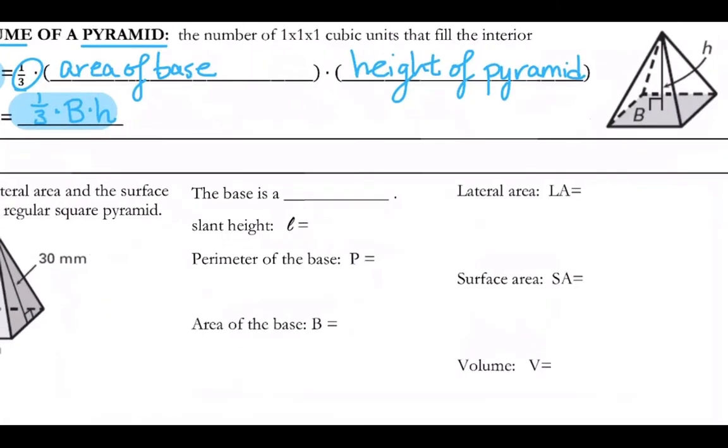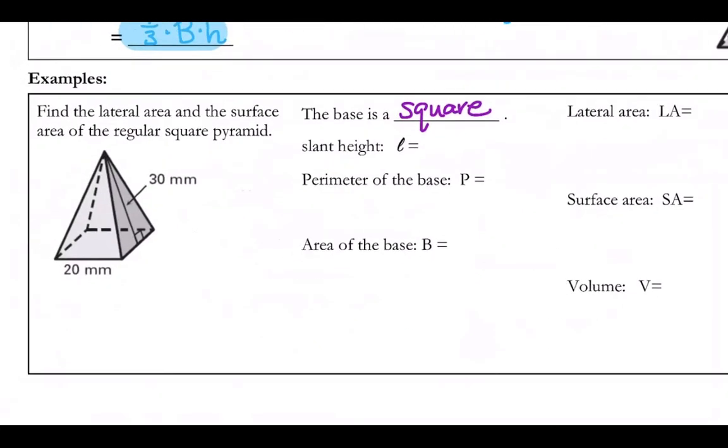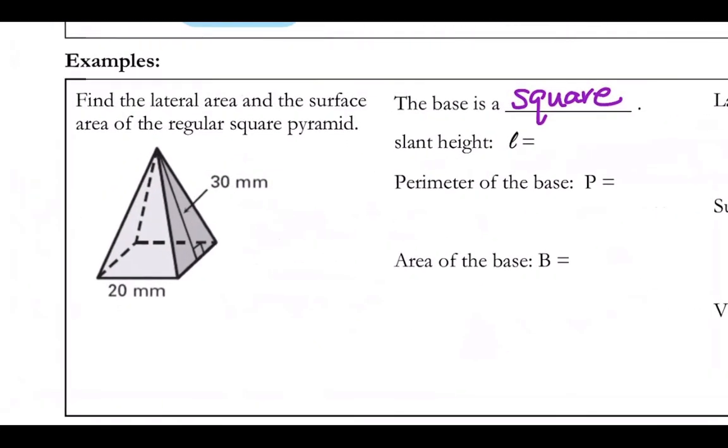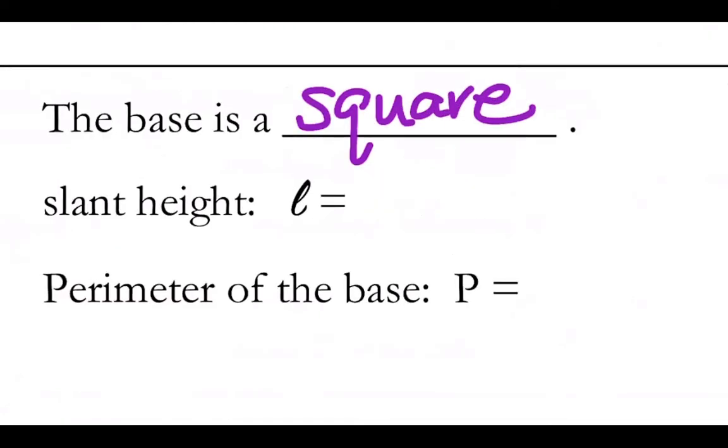The slant height, remember, is what you're finding when you write lowercase cursive l. The slant height is the height of one of the triangular faces. Okay, that's our l. So l is 30 millimeters.